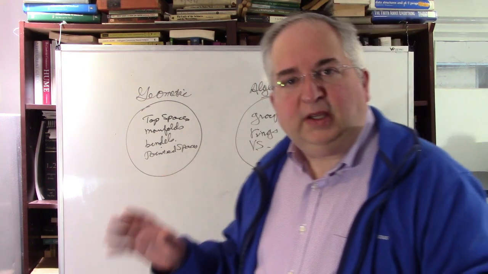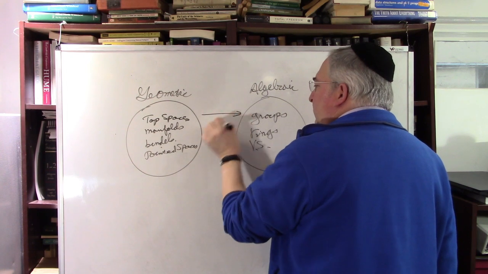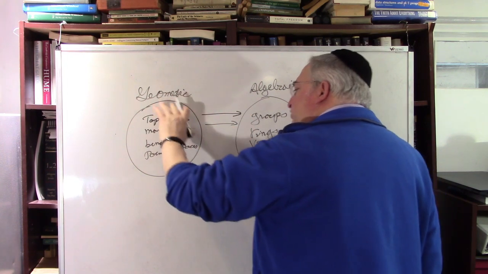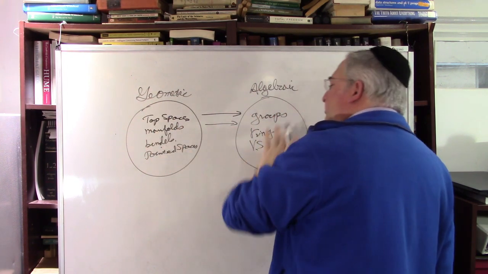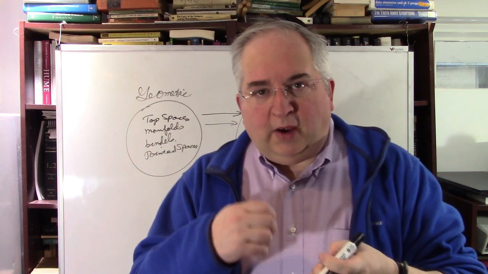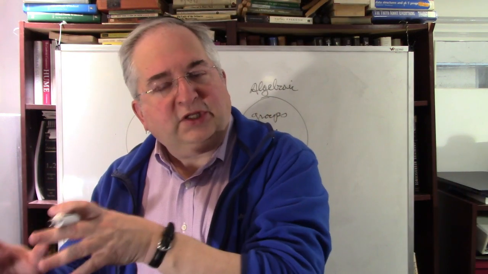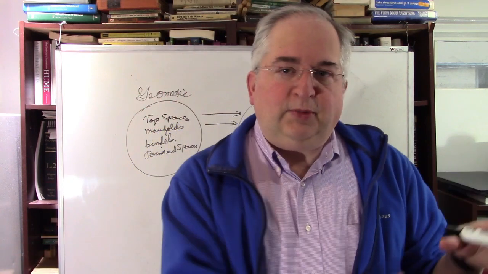And what was happening in an area called algebraic topology is people were basically assigning to these types of objects these types of things, okay? They were somehow describing the geometric structures using algebraic structures.